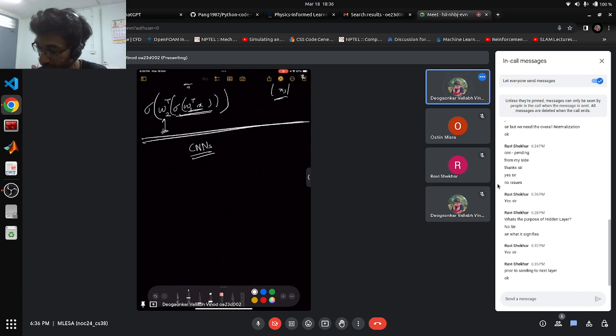Okay. So CNNs are actually for us to process image data. How much of an idea do you have of CNN? Do I need to cover the entire thing or some specific portion?